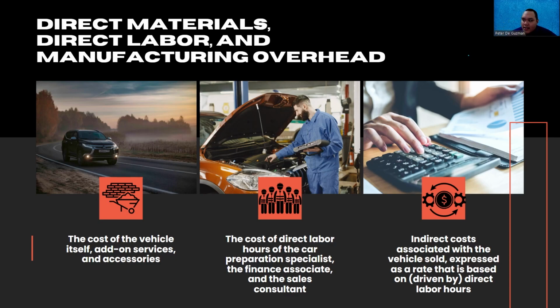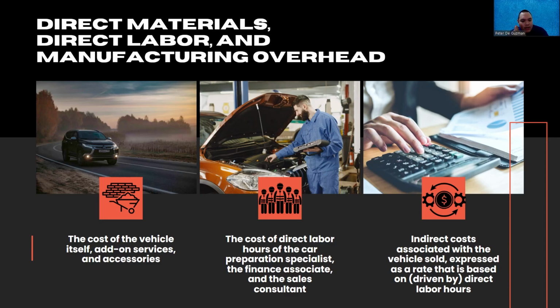In the context of this industry, in the context of this firm, the materials involved aren't raw materials per se. These are actually the costs of the vehicle itself, any add-on services, and any accessories. So this is what our material section is going to be composed of: items related to any of the three aspects I just mentioned.